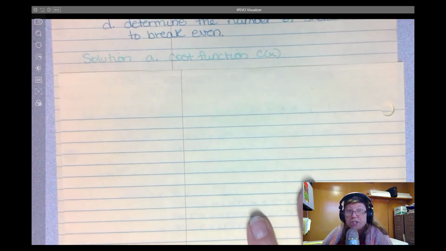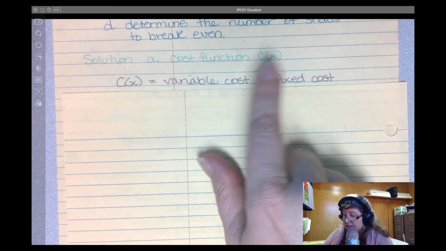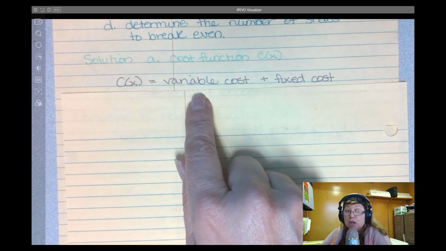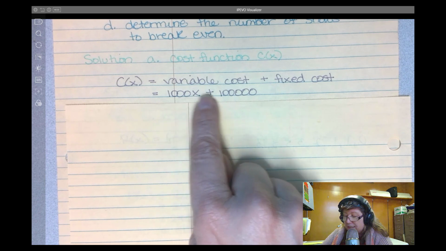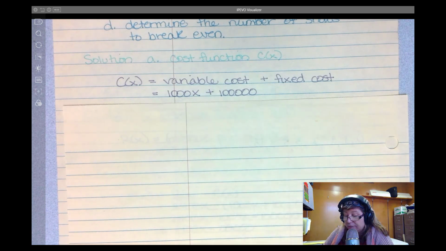First of all, cost function. Okay, our cost function was our variable cost plus our fixed cost. Now it costs us $1,000 for every show, and we're going to allow X to be how many shows that we run. So 1,000 times X plus the $100,000 that they initially laid out to create this play is going to be our cost function.